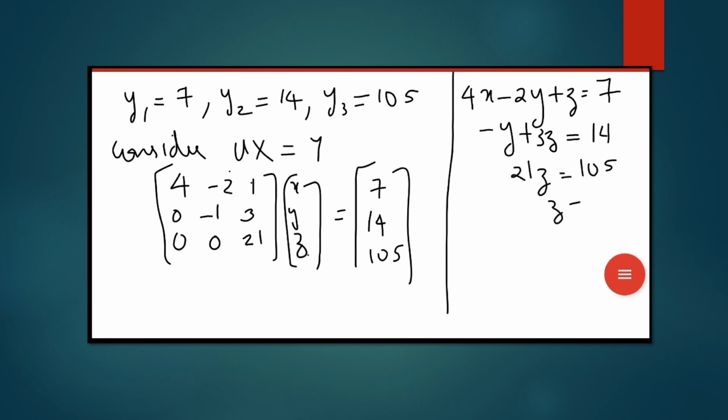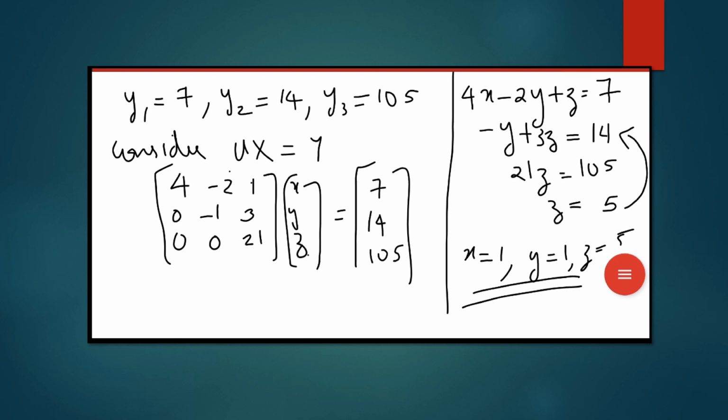So we will get z equal to 5 here. Then you substitute that in the second equation, you will get the y value. After getting y and z, you can substitute that in the first equation, so that you will get x equal to 1, y equal to 1, and z equal to 5. This is the solution of the method.